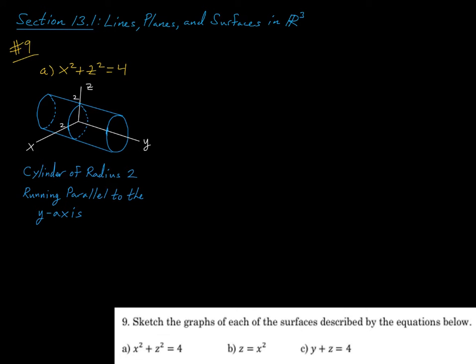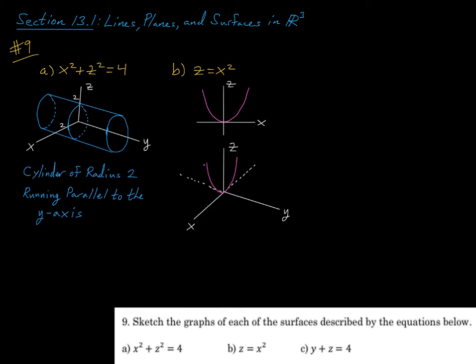Okay, great. So now for part B, the equation is z is equal to x squared. Well, in the xz plane, this describes this parabola. So in R3, here I've just copied that parabola.